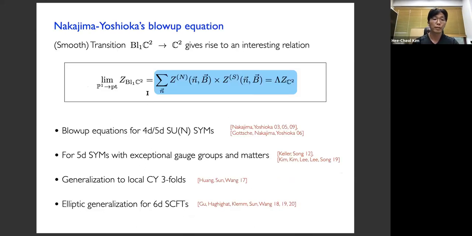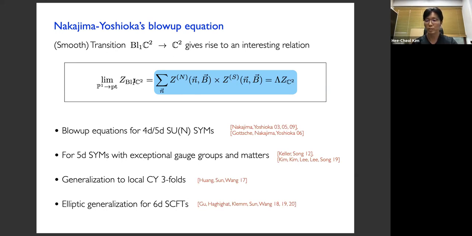Now we'll think about the smooth transition from this blowup background to the ordinary C2 background without the P1 at the origin. It turns out that this blowup partition function is independent of the volume of the P1. So this is the smooth transition, shrinking the P1 cycle.